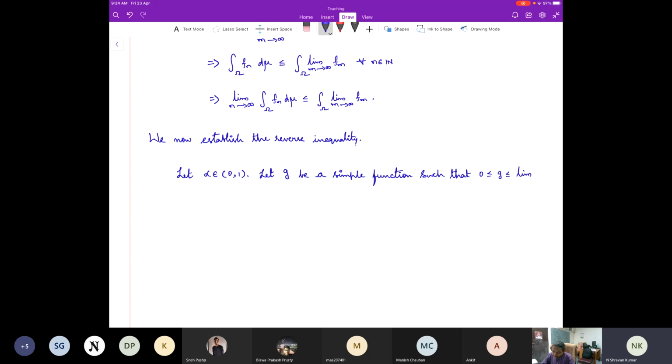All these f_n's are measurable, therefore the limit is also measurable. This is just the pointwise limit, and therefore this is measurable. Right.